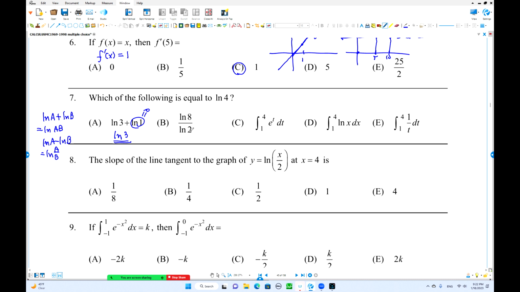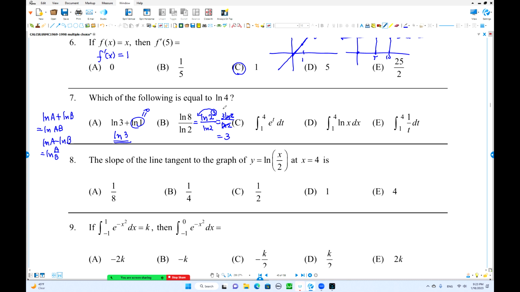ln A plus ln 2, that is not ln 4. That is not 8 divided by 2. What is ln 8? ln 2 to the cube over ln 2. For ln 2 to the cube, using the power rule, 3 is moved to the front, so it's 3 ln 2 over ln 2. This turns out to be 3, so that is not ln 4.